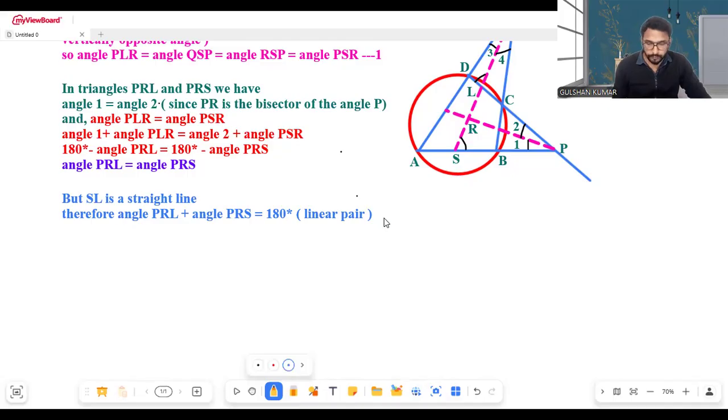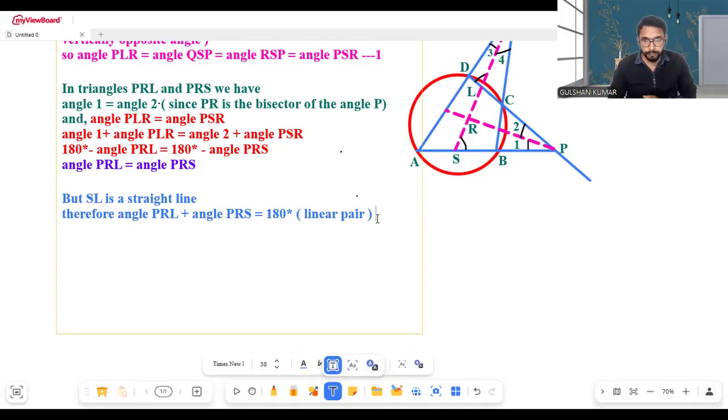So now starting with this one. Therefore these angles form 180 degrees. So if we write that two angle PRL equals 180 degrees, that will also be fine. So angle PRL equals 180 degrees divided by 2, that will be equal to 90 degrees.